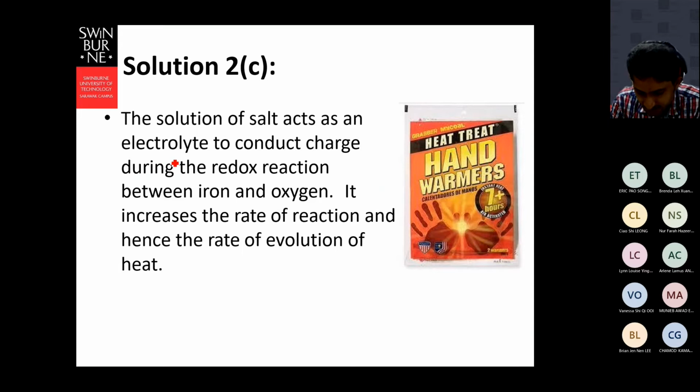And the question number 3 says why the salt should be used. Because it is a redox reaction, that means an oxidation and reduction reaction, right? And this oxidation and reduction reaction needs some conductor through which the electron will pass.